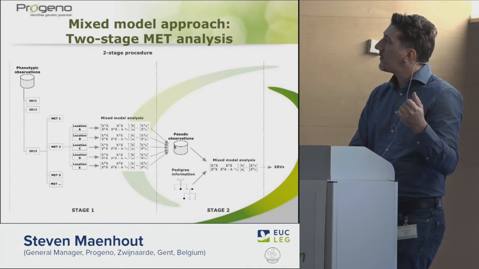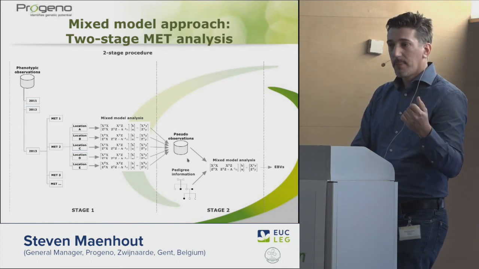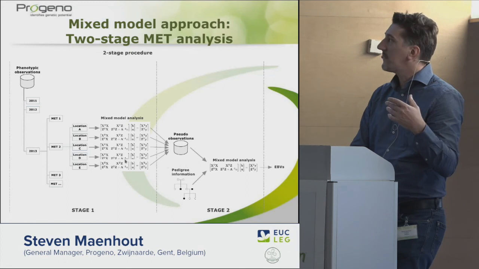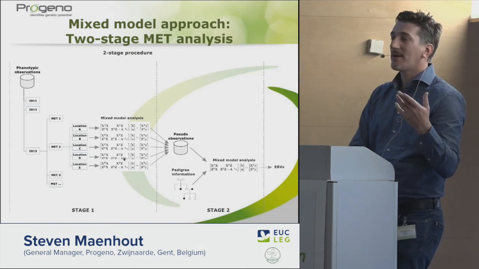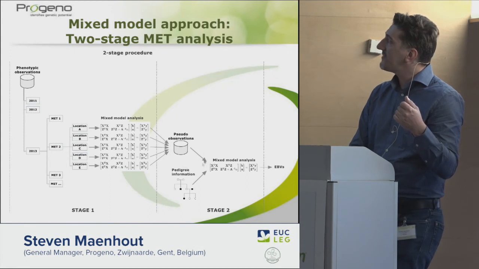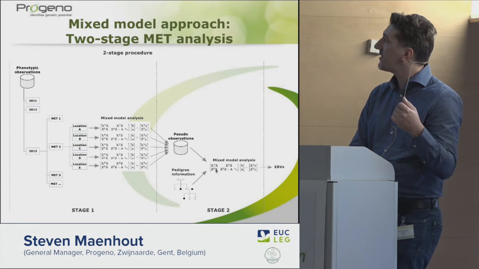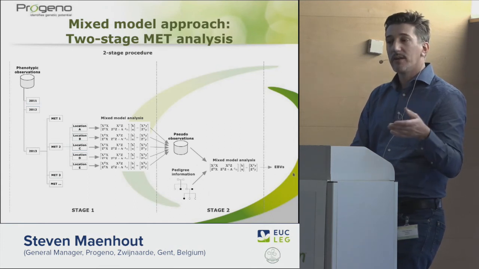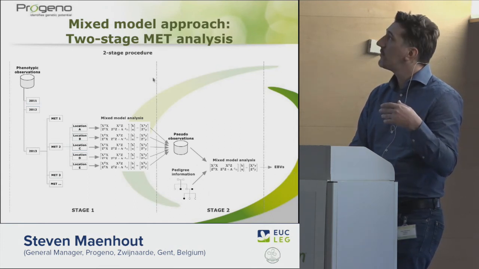And this is what I call pseudo-observations. They're not actual averages, but I don't like the word. They're estimates by trial. And then you do a second linear mixed model analysis, if possible adding pedigree information to estimate the real breeding values. This is the 2-stage approach.